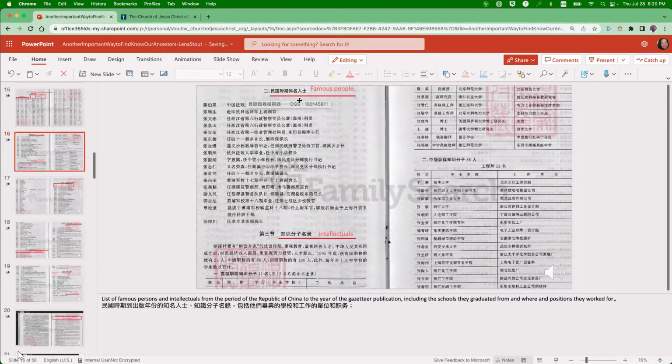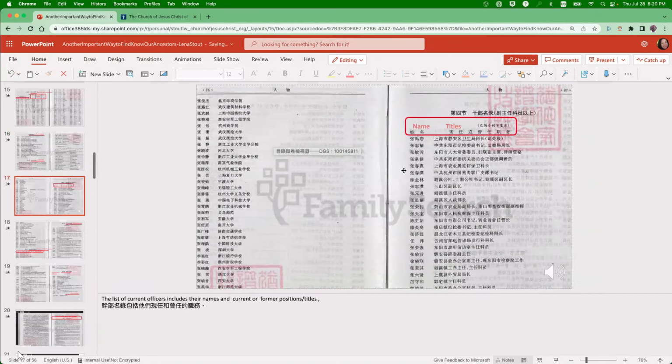So like this one, section 2, they list the famous people in the Mingguo period, which is the Republic of China period. Did you see the intellectuals here, and the forms, and then all the leaders, all the different levels of official titles and names listed as well?